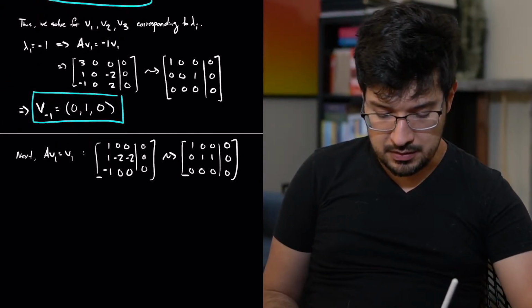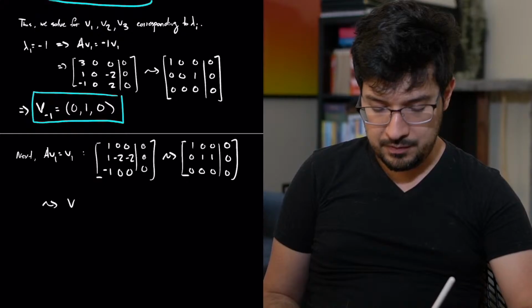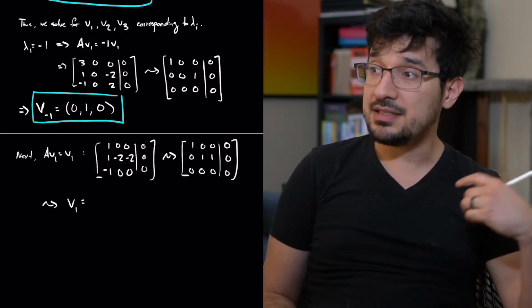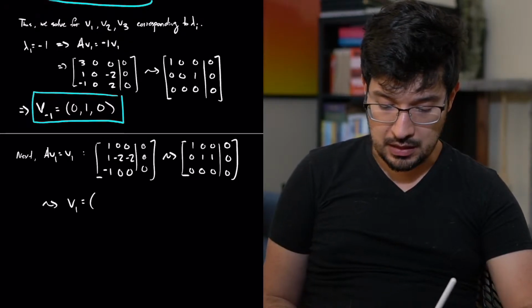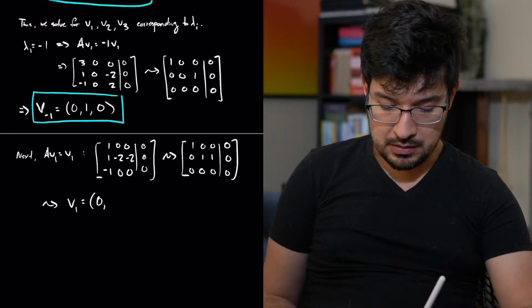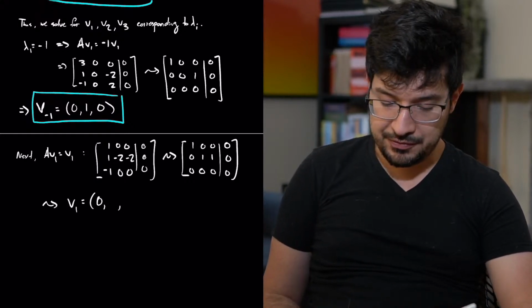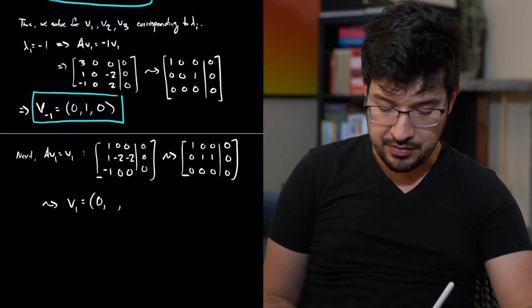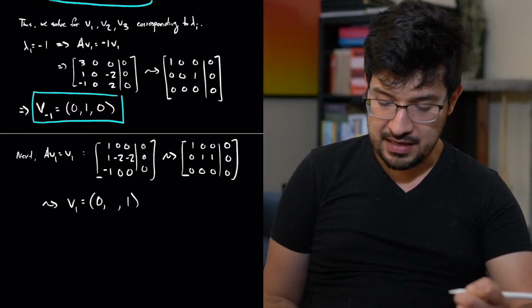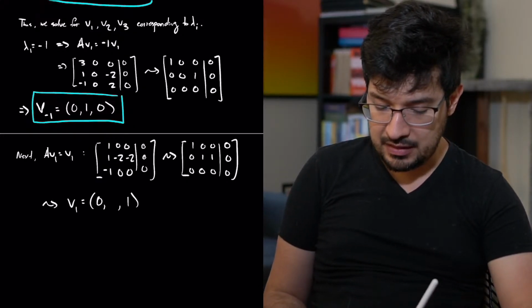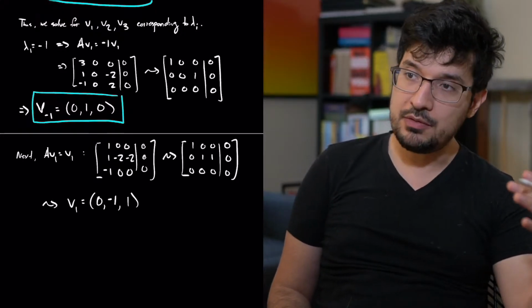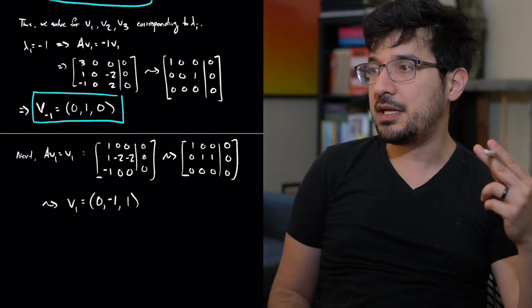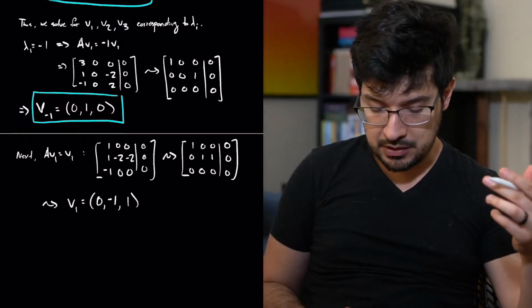So therefore, our eigenvector corresponding to eigenvalue 1 is 0. I see z as the free variable, the third component as the free variable. So when that is 1, then the second component is -1. But you can flip this. You could multiply that by -1 and it's still an eigenvector.